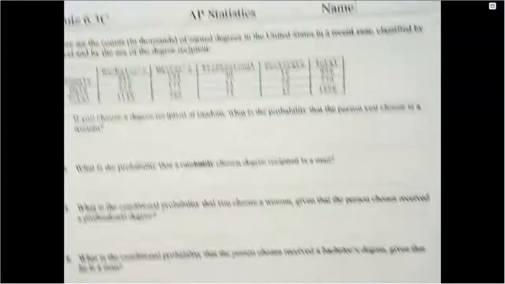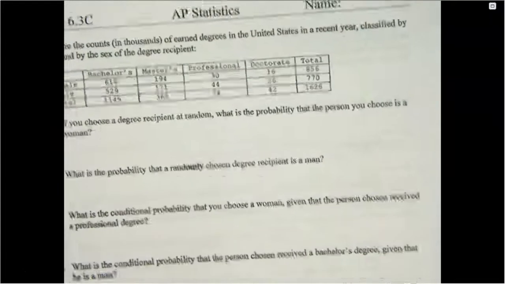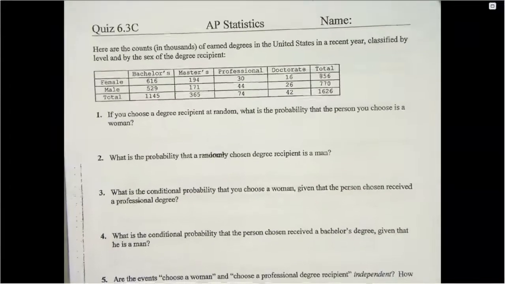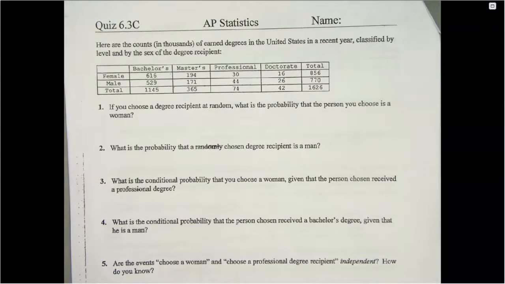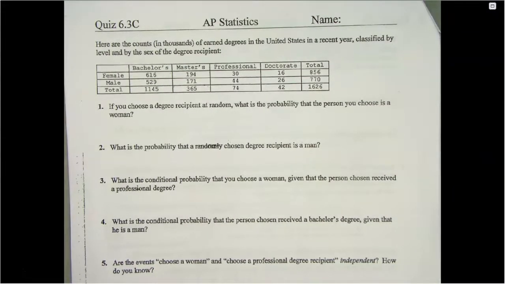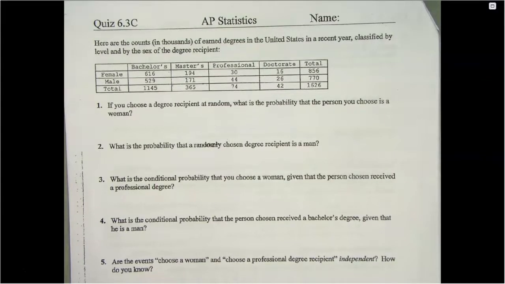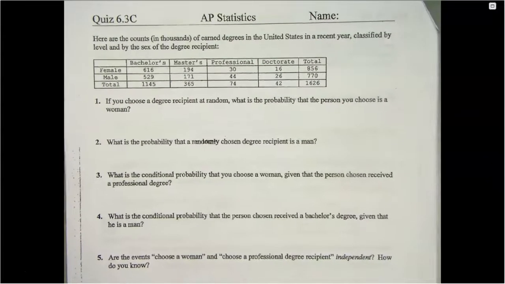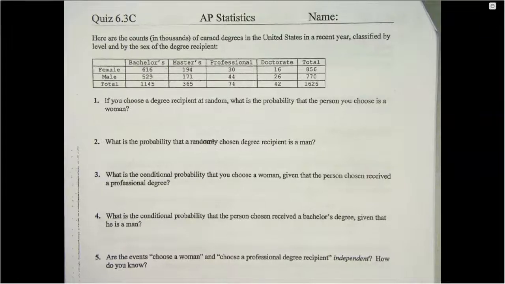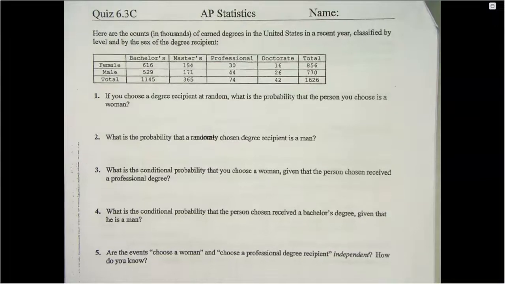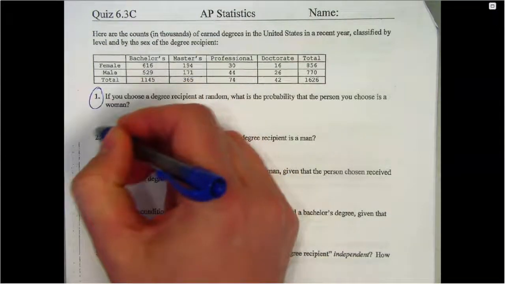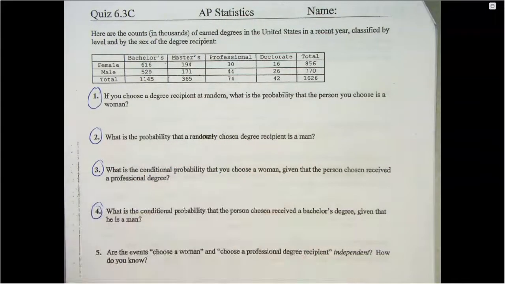Alright, go to 6.3C. Just a couple pages down the road. Oh wait, his self-evaluation is on. Oh, that's interesting. I looked up the thing. And just do 5, please. Just do 1, 2, 3, and 4.